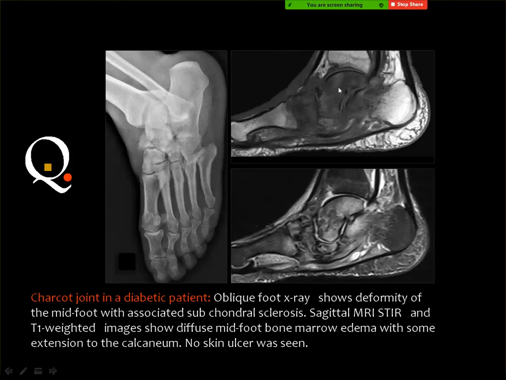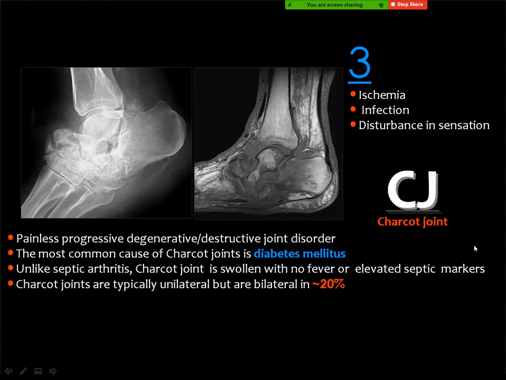Bone marrow edema, low signal on T1, high signal on T2, obliteration of the joints, erosive changes in the bones, and some abscesses in the soft tissues. Actually, for the diagnosis of Charcot joint, you should have more destructive changes and disorganization of the joint, but the diabetic foot frequently passes to the Charcot joint.